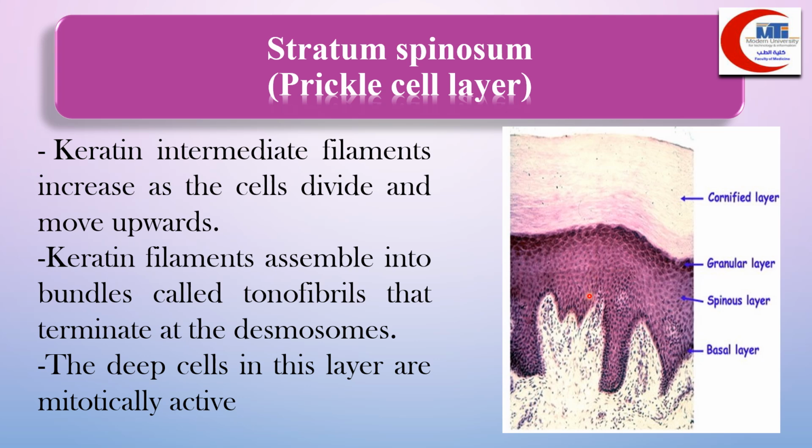By electron microscope, these cells adhere to each other by desmosomes and contain keratin intermediate filaments or tonofilaments, melanin granules, and lamellar granules that start to appear in this layer. And these lamellar granules are membrane-bounded granules.